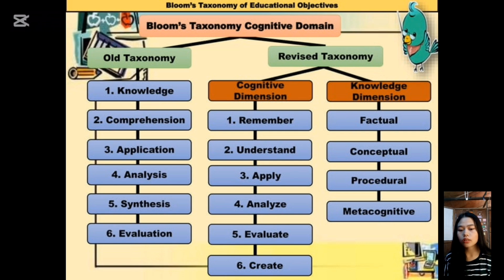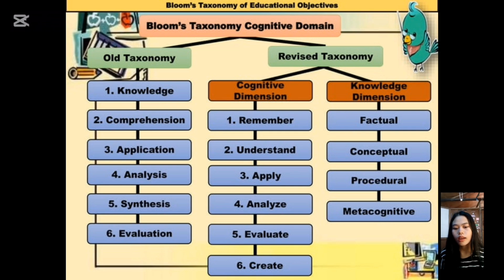While in revised taxonomy po, meron pong dalawang dimension, which is the cognitive dimension and the knowledge dimension. So, nakapaloob po sa cognitive dimension, yung remember as first level, second is understand, third is apply, fourth is analyze, 5 is evaluate, 6 is create. Nakapaloob po sa knowledge dimension yung factual, conceptual, procedural, and metacognitive.